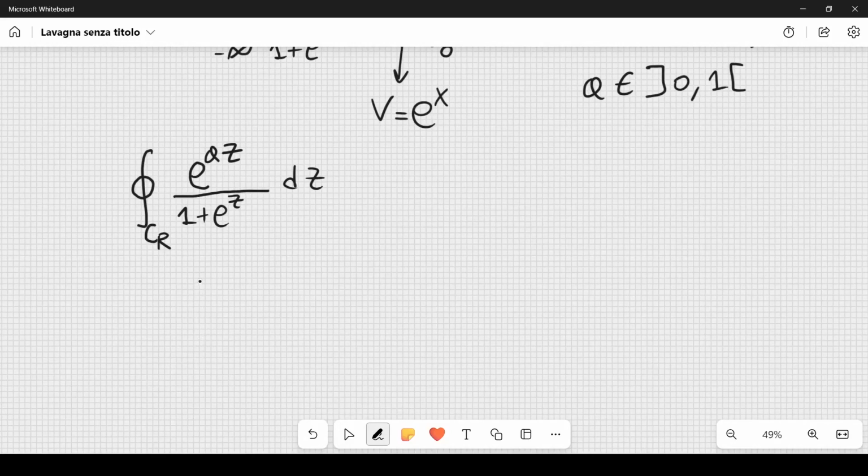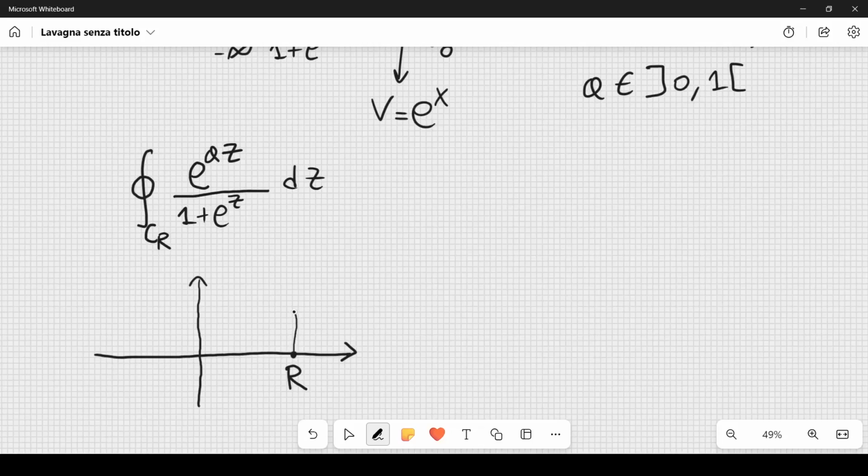Let me try to draw the imaginary axis. Here we have the real axis, and I define this point along the real axis to be R, and we will let R go to infinity later. But for now, it is a real constant on the x-axis.